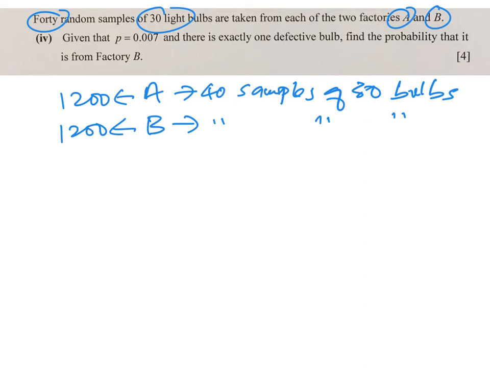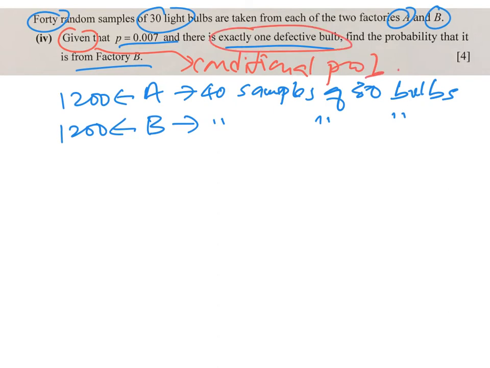Now what's the question? Given that p is 0.007 and exactly one defective light bulb, find the probability that it is from factory B. Because of this word given, it gives you a clue that we are looking at conditional probability. And what is the given condition?